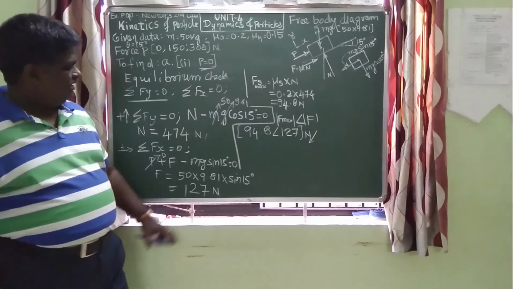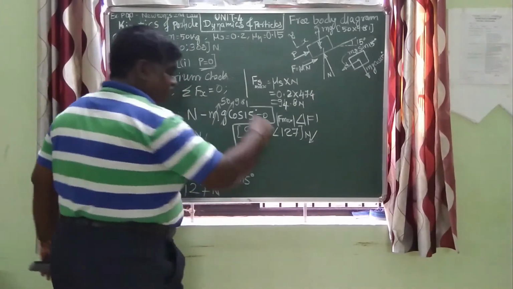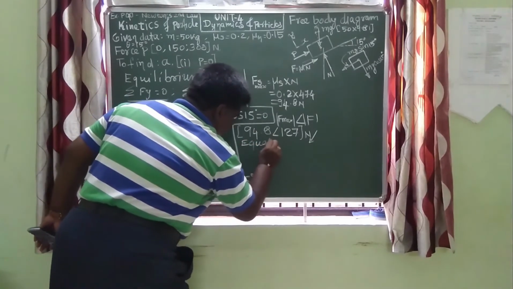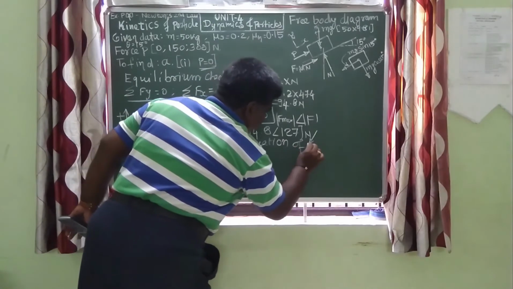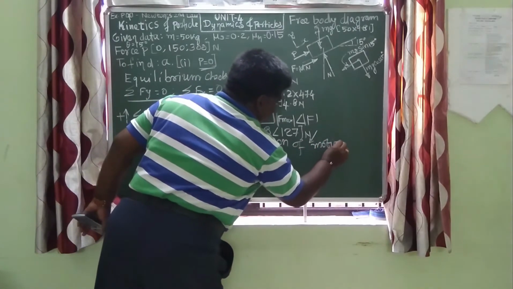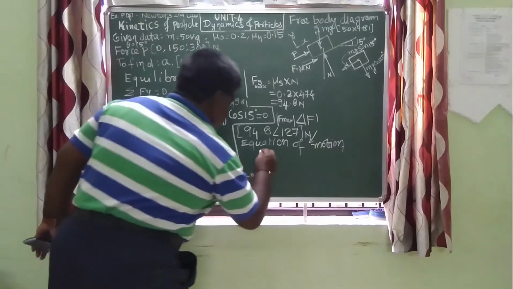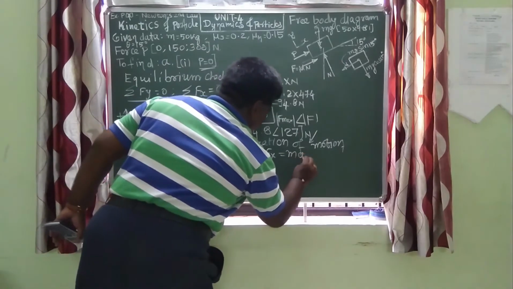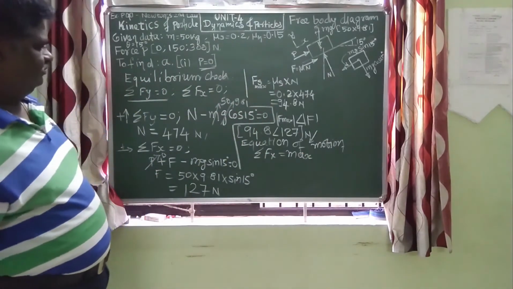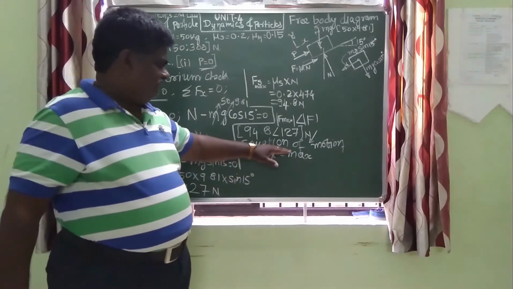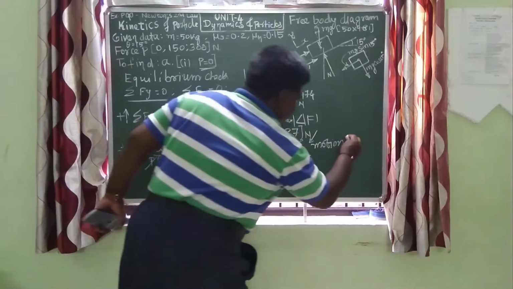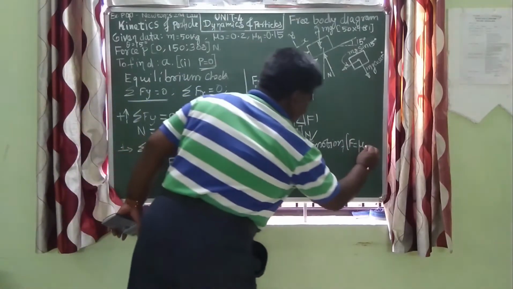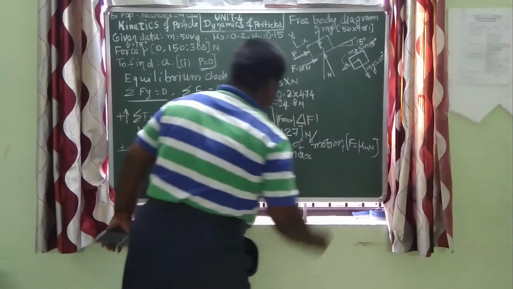Next we have to apply the equation of motion in x direction. Write down the equation of motion, that is summation of F x equal to mass into acceleration in x direction. Then considering the kinetic friction, F equal to kinetic friction mu k into N.